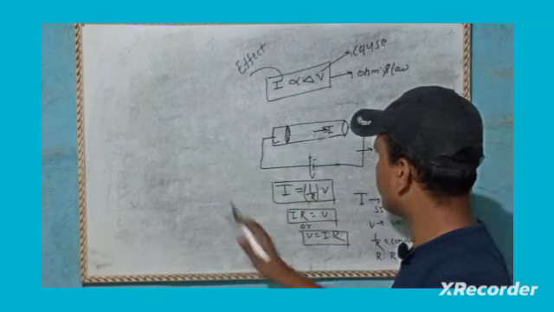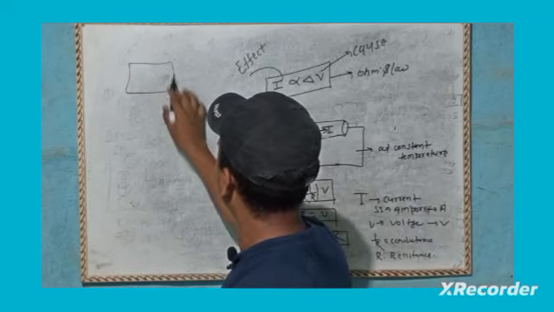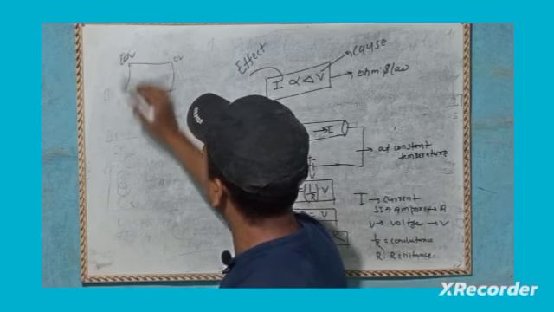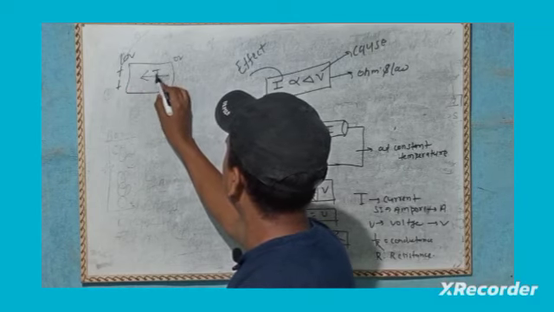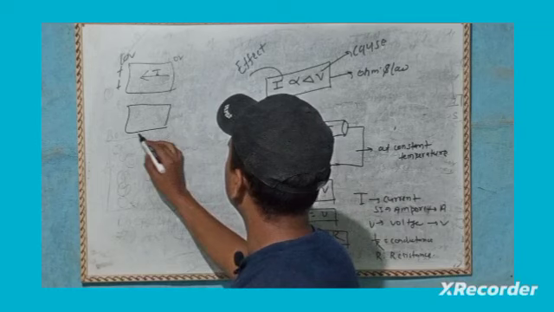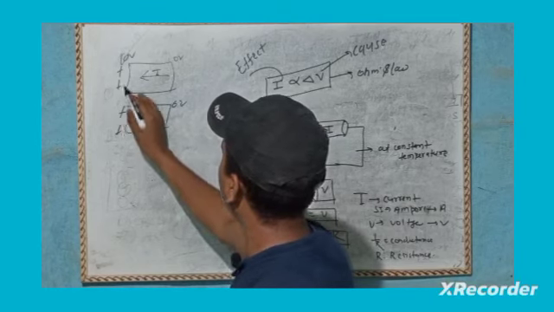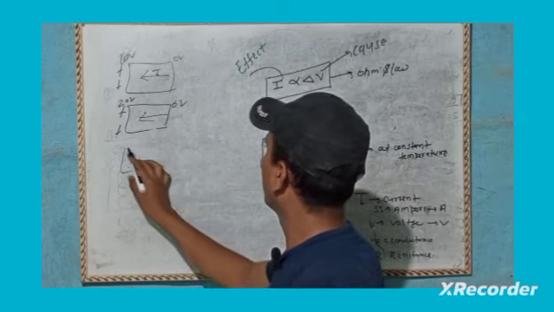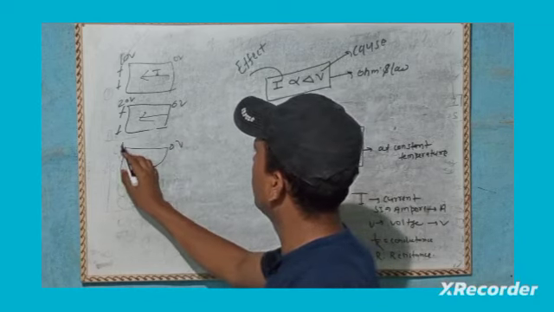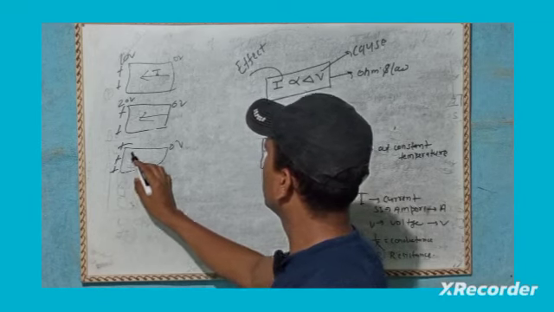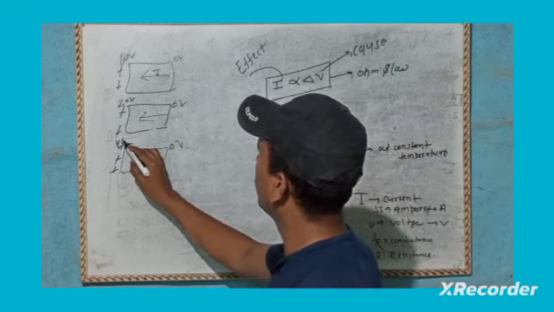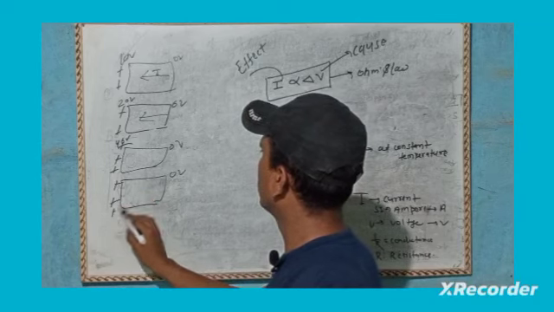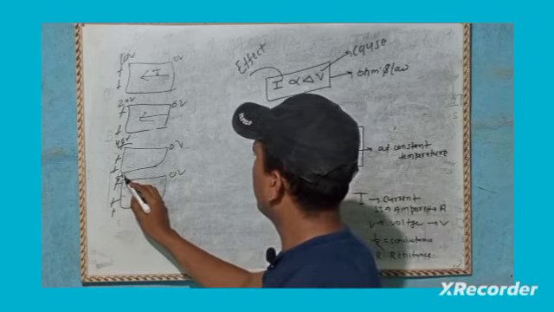Suppose again I take 10 volt here, and the current value is I. Then increase the potential difference to 20 volt, then 40 volt, and then 80 volt.